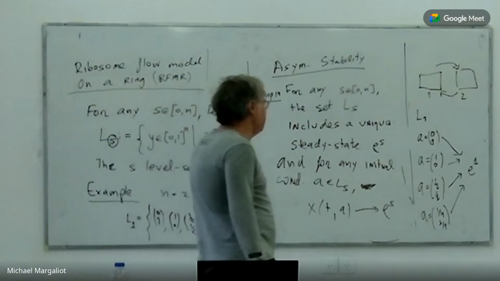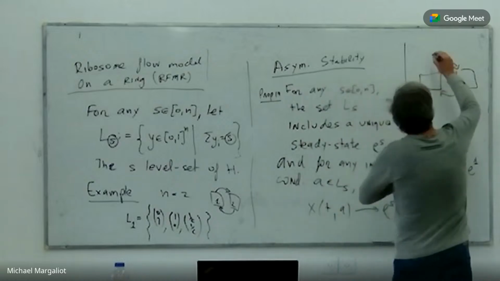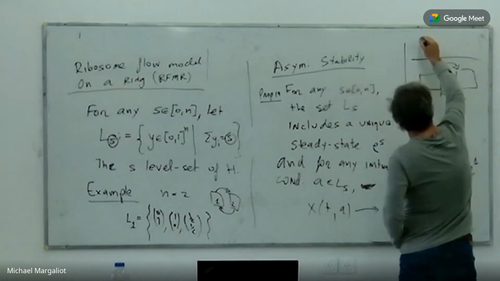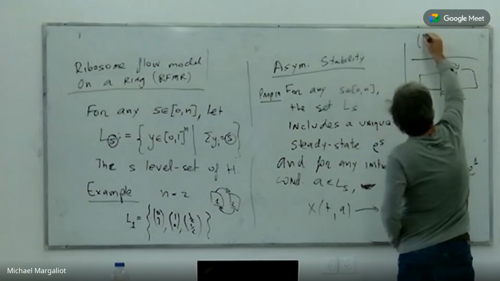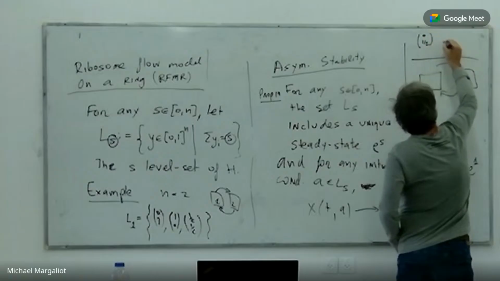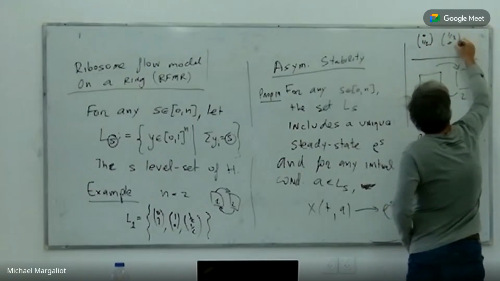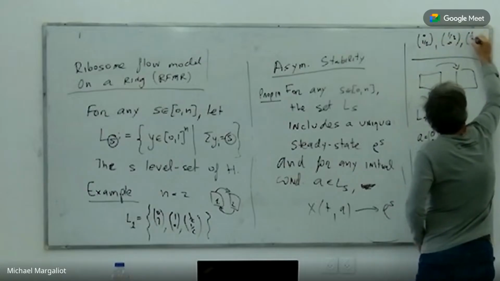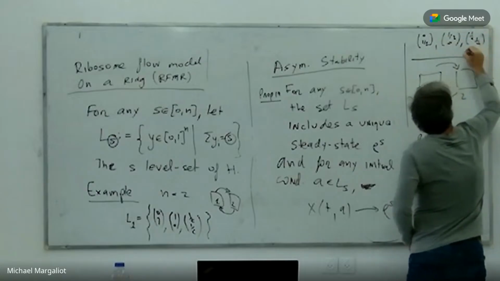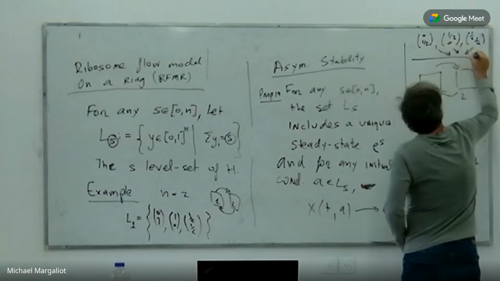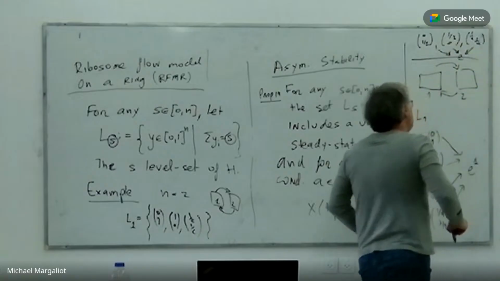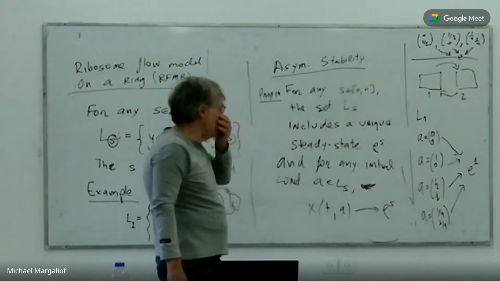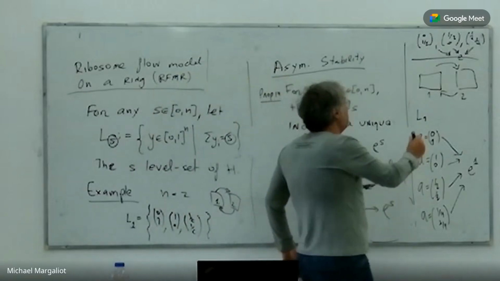And now if I take different initial configurations, for example, where the sum is 1/2, so this one, this one, this one, the solutions will also all converge to a unique equilibrium, but now a different equilibrium, not necessarily E1. This is E1/2.